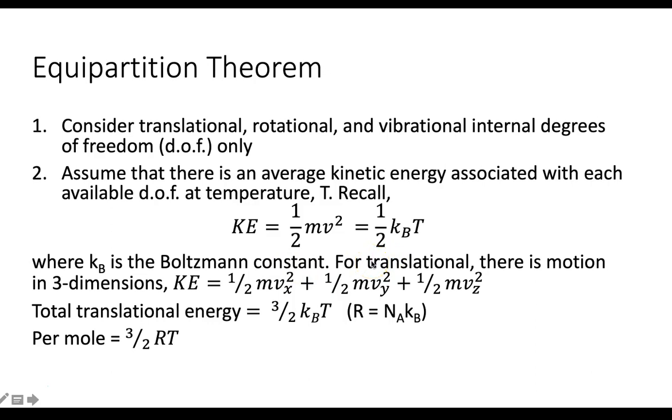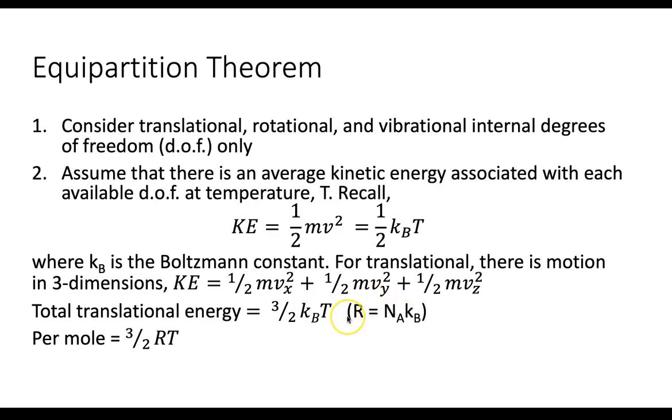And so if we have a monoatomic gas particle that can translate in 3 dimensions, we would have 3 separate velocities or quadratics, and then we would add those kBTs up, and we have 3/2 kBT.